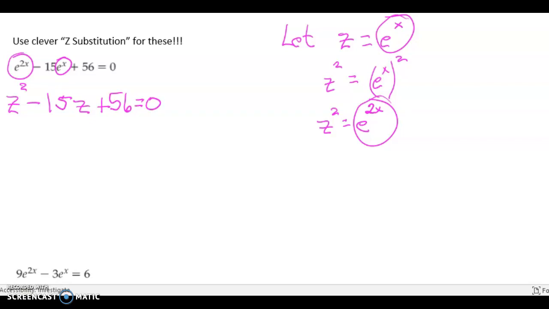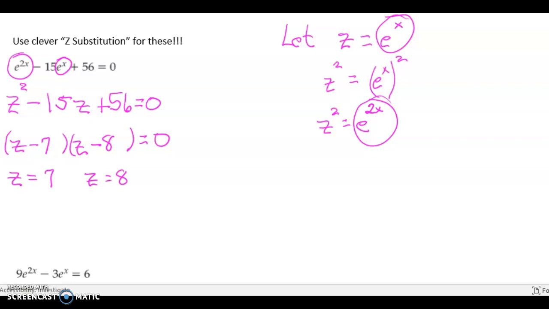Now, this is much easier for us to deal with, so we can factor. So z times z gives us the z squared. Two numbers that multiply together to give 56 would be 7 times 8. They're going to both be negative. So z would equal 7 and z would equal 8.